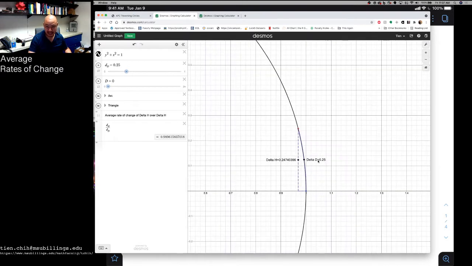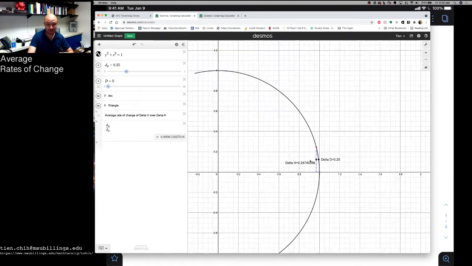And so that change is 0.25 because it's set to that. And then we can see how much our change in height is. We're starting from height 0, going up to this height here of 2.47 something. And so that's our change in height.